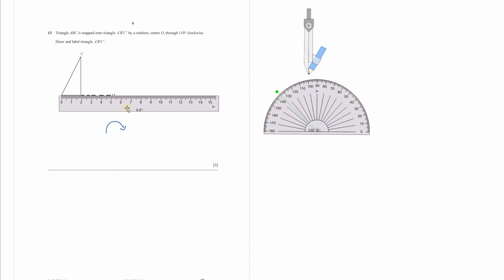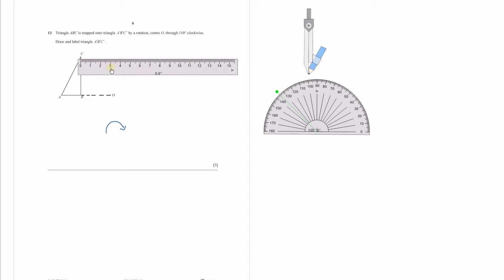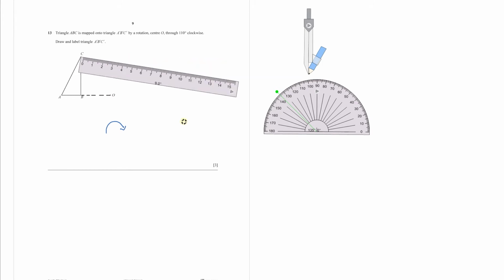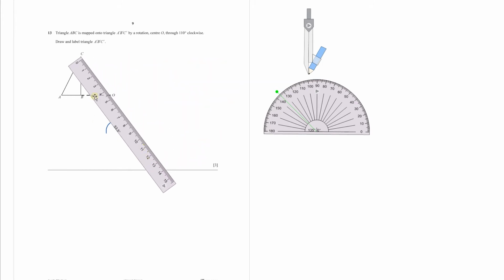So this will connect both A and B to this center O, and then we can connect C as well to the center of rotation. So it will be this dotted line here.